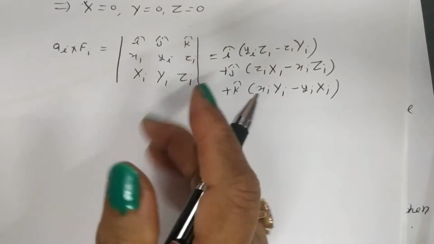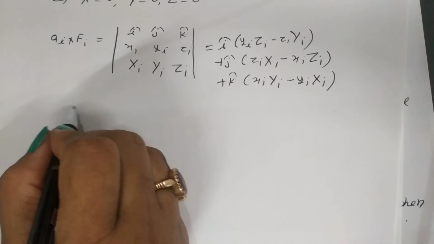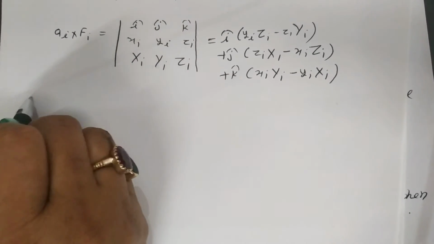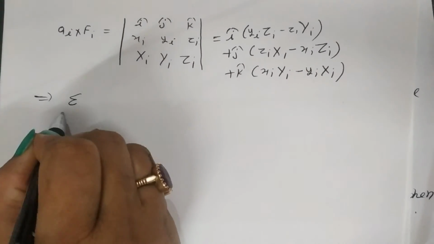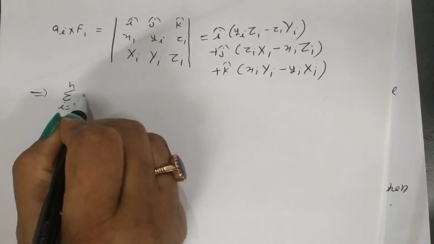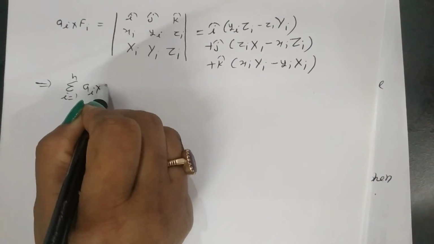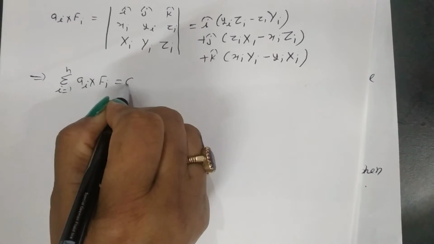Correct. And this implies that the sum over i from 1 to n of Ai cross Fi is equal to 0.